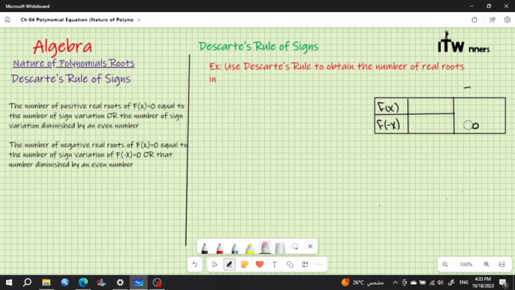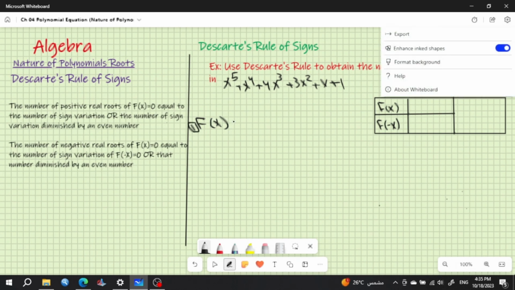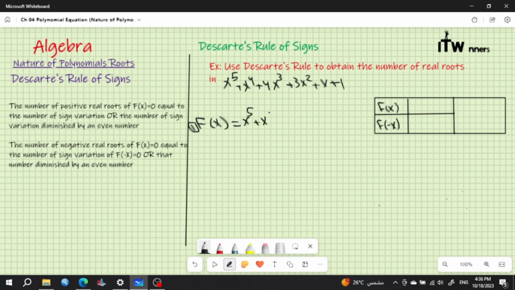If we have x power 5 plus x power 4 plus 4x cubed plus 3x squared plus x plus 1, first f of x equal to x power 5 plus x power 4 plus 4x cubed plus 3x squared plus x plus 1.